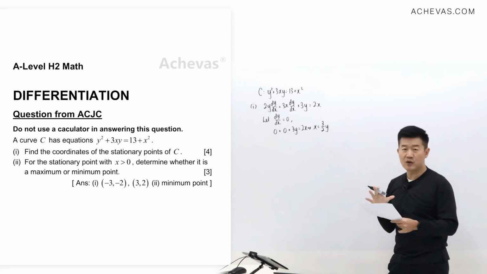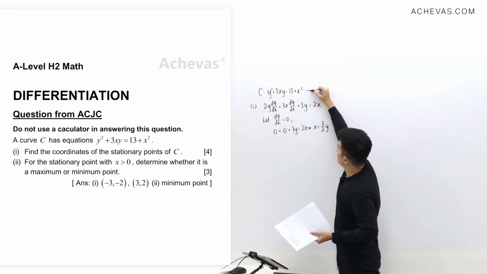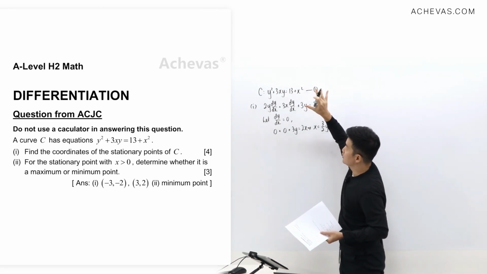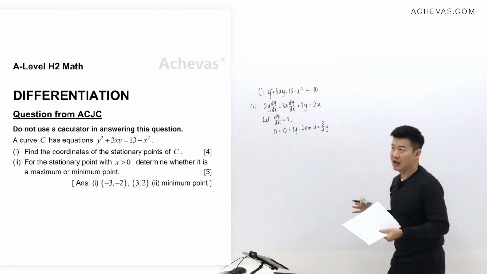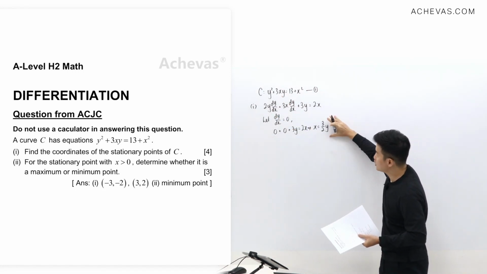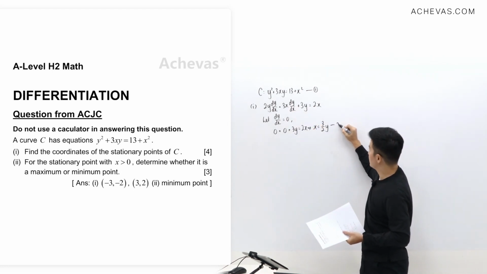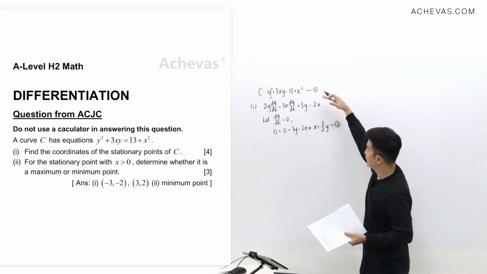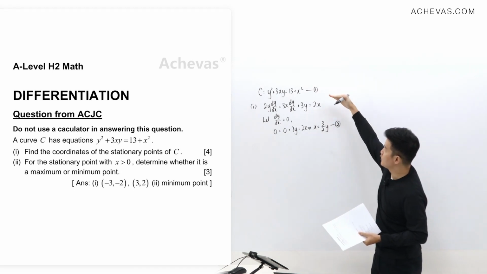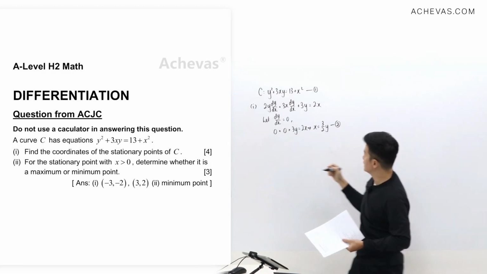So the stationary points will be satisfying two relationships. One is this, because the stationary points are going to be lying on this curve C, and the stationary points will also be satisfying this relationship where the dy/dx is equal to 0. So this will be equation number 2. In order for me to find the coordinates of the stationary points, we just need to solve the simultaneous equations of these two equations here.